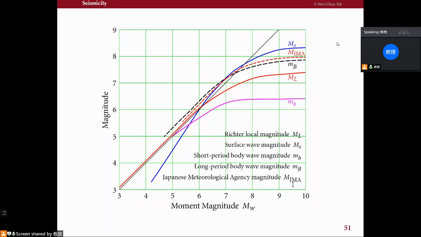So you can see when the earthquake is large, they tend to saturate. They cannot reflect the true magnitude.